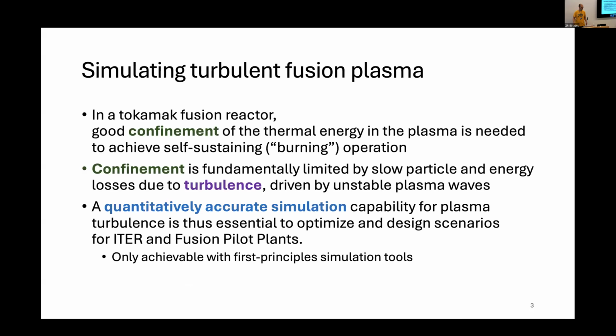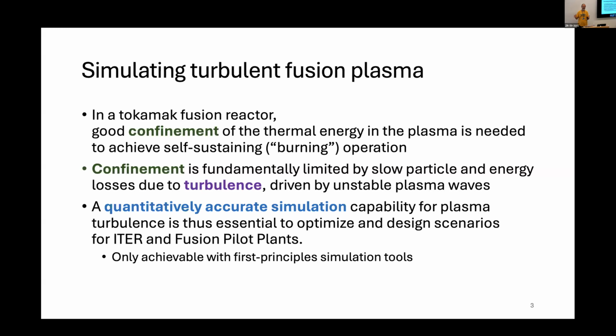So here we are mostly interested in the tokamak-based fusion. There are other fusion approaches, but CGYRO has been developed to simulate tokamak fusion processes. The important thing in a fusion reactor, like it was mentioned before, is having good confinement. So the plasma stays where it wants to be and doesn't hit the walls, make damage and stuff like that.